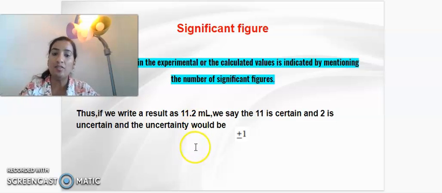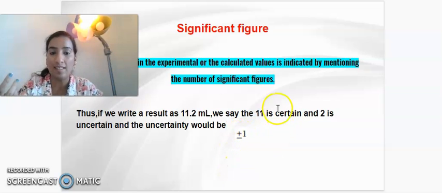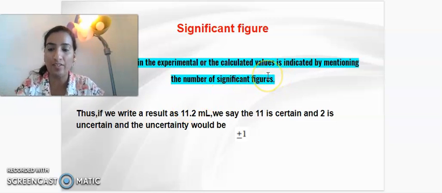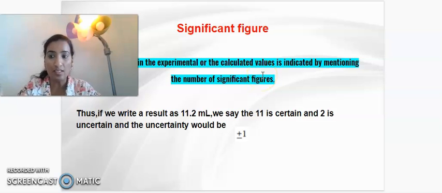So the uncertainty would be plus or minus 1. To express the uncertainty, we mention the number of significant figures. That's why we are learning significant figures, and we should learn them for doing the mathematical problems coming in this chapter also.